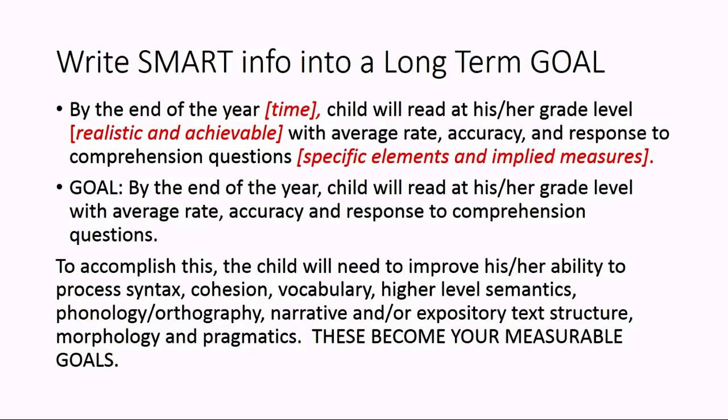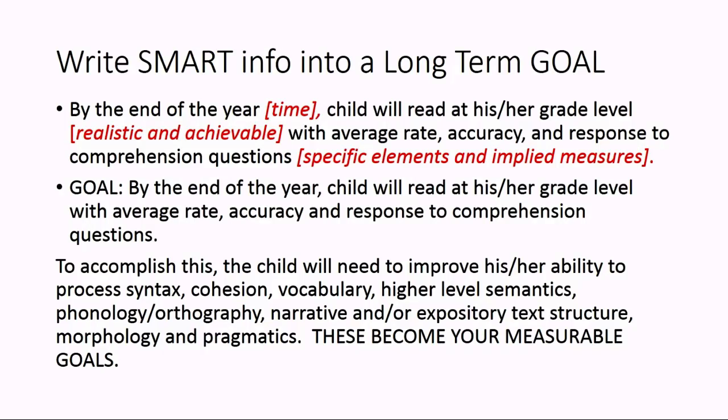To accomplish this, the child will need to improve in his or her ability to process syntax, cohesion, vocabulary, higher-level semantics, phonology, orthography, narrative and/or expository text structure, morphology, and pragmatics. So these become your measurable goals. So again, we're not reading teachers, we are language teachers. And what's in that language that's preventing the child from reading with good rate, fluency, and accuracy?